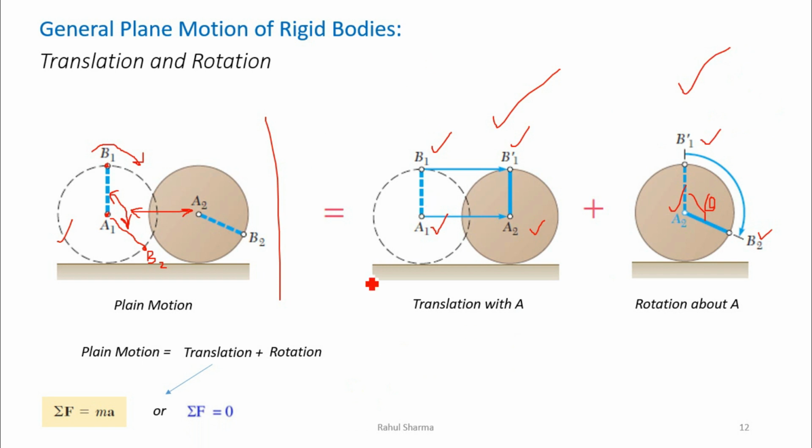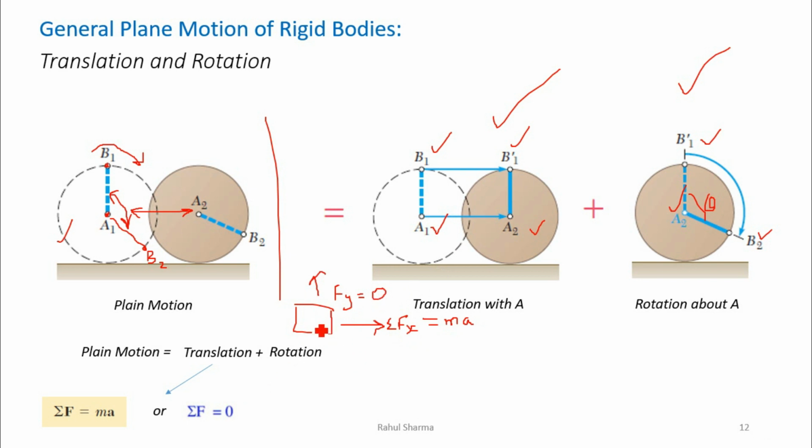I told you in the previous equations, if you remember, if the object is moving in this direction, then we will see summation of Fx is equal to ma, because motion is acting in the horizontal x direction. And what will be Fy? There is no motion in that direction, so Fy is equal to 0.